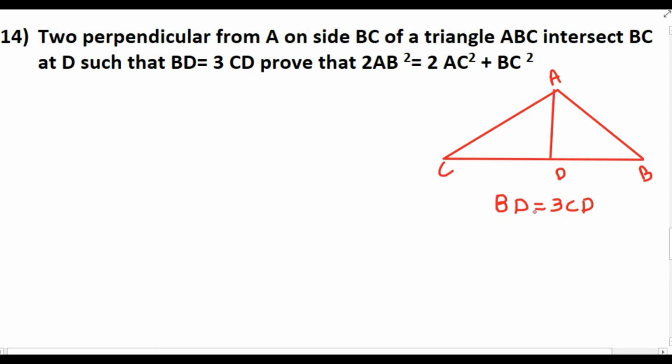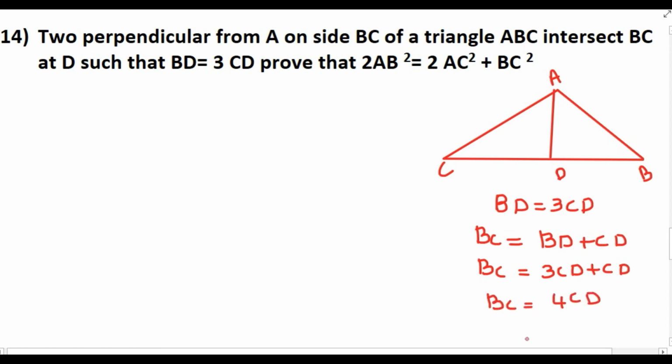Now since they have given the condition BD equal to 3CD, I am going to use this. BC I can write as BD plus CD. Again, BC is equal to, BD is nothing but 3CD, so I have substituted that. BC equal to 4CD, or CD is equal to 1 by 4 BC.